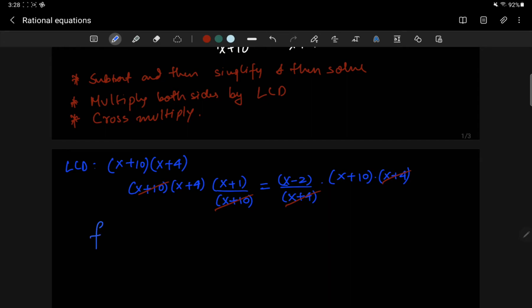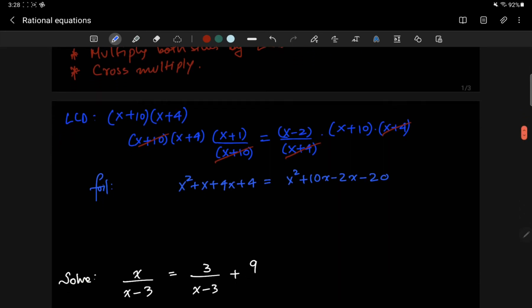So we FOIL out to get x squared plus x plus 4x plus 4 equals x squared plus 10x minus 2x minus 20. So that is x squared plus 5x plus 4 equals x squared plus 8x minus 20.